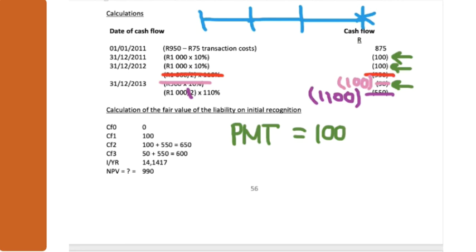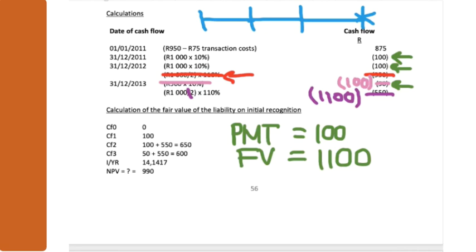What would also have happened is that there would have been no maturity payment at the end of 2012. The only maturity payment would have happened at the end of 2013. So that maturity payment at the end of 2013 you could put as future value in your calculator, because future value is one amount, once off, at the end of the life of an item.